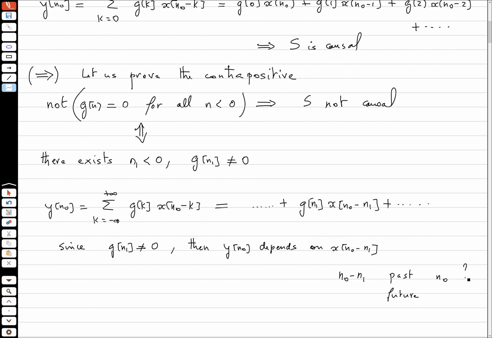Okay, let's vote. How many of you vote this is the past? How many of you vote this is the future? Oh, you see. And n1 is negative.